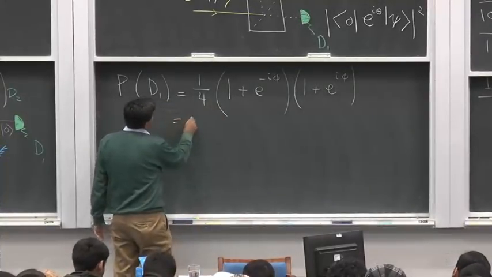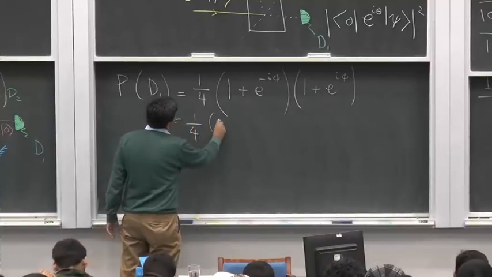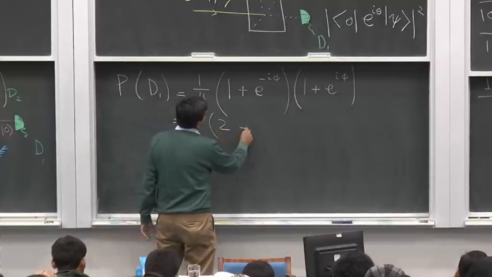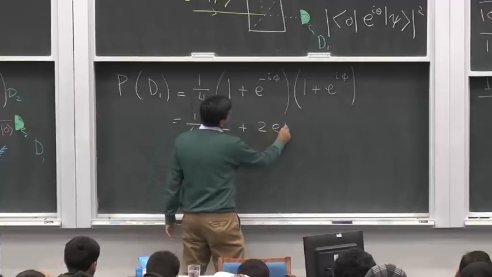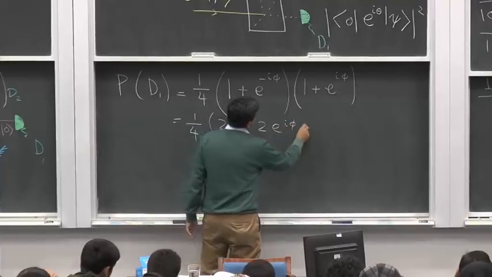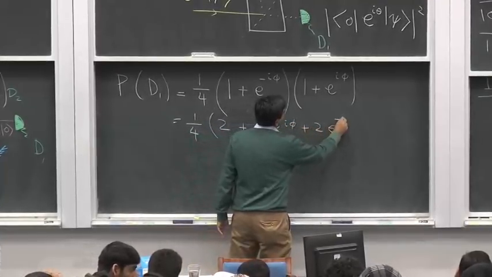So this is 1/4 (2 + 2e^{iφ} + 2e^{-iφ}).